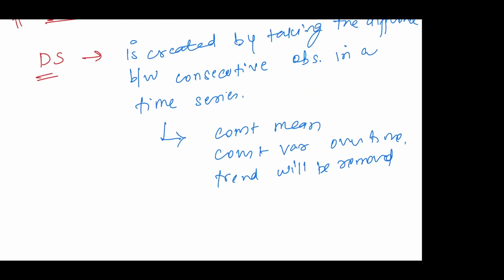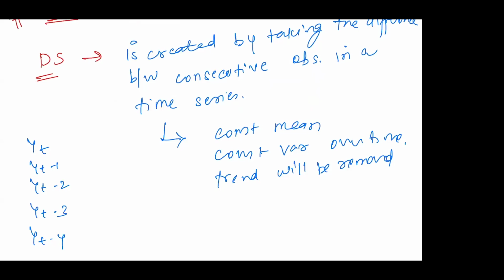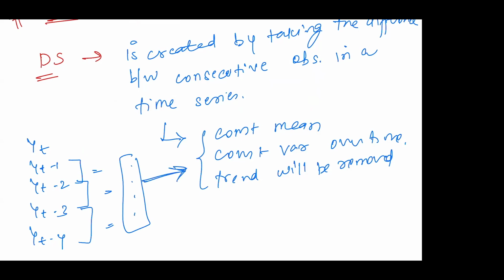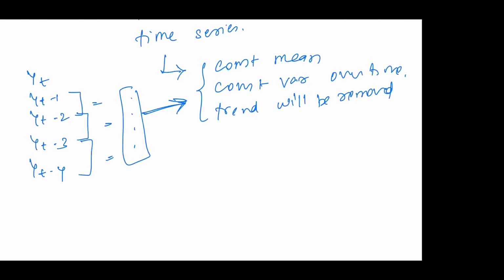So if you have your data like this, y(t-1), y(t-2), y(t-3), y(t-4), and you take the difference between these, the resultant time series will have these properties of stationarity. This is what we call difference stationary.